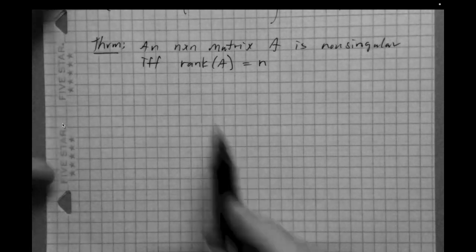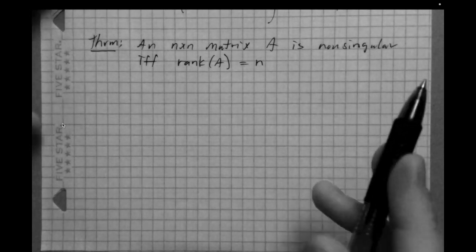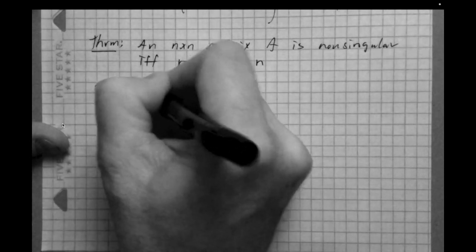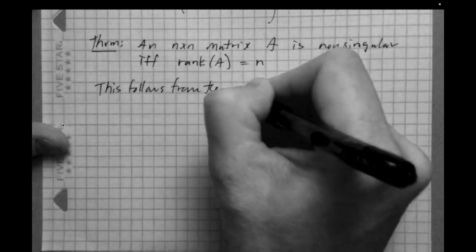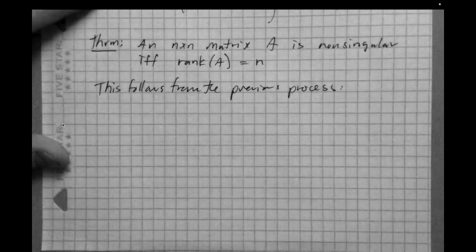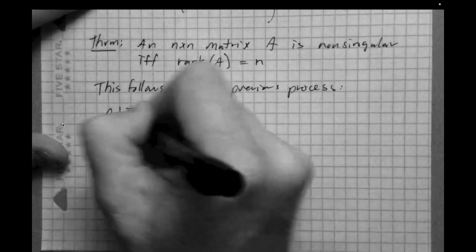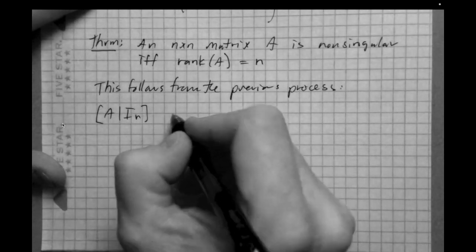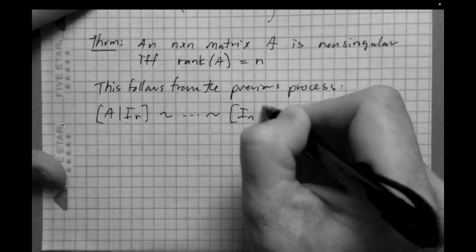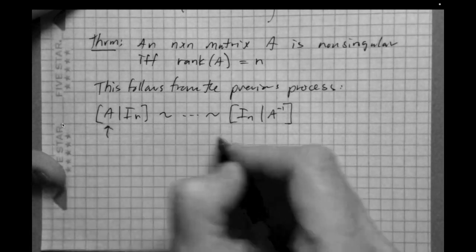Okay, we won't prove this, but we can outline the proof, we can give the reason. It follows from the previous process, namely, if you have A augmented with I n, this can only be reduced to I n, A inverse if A has n pivots.